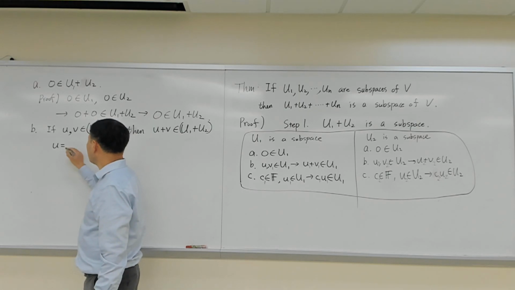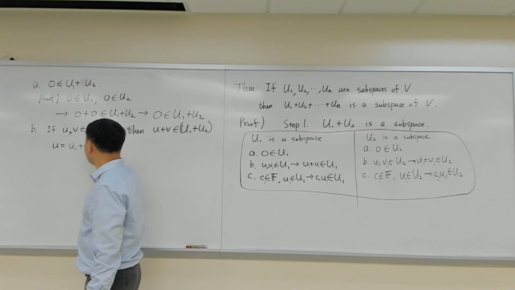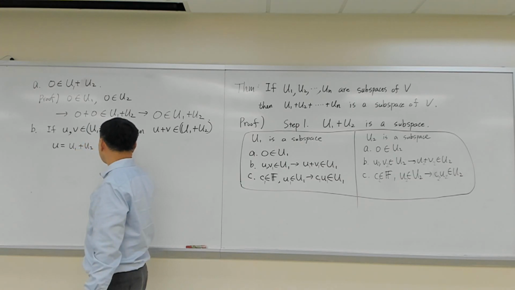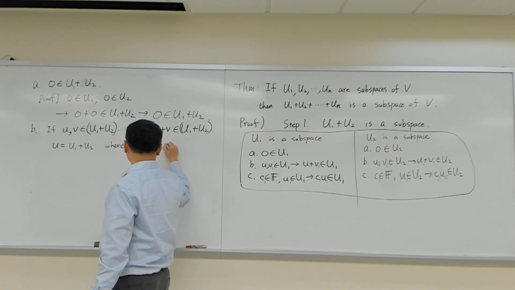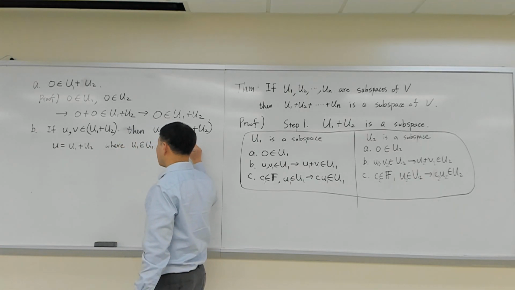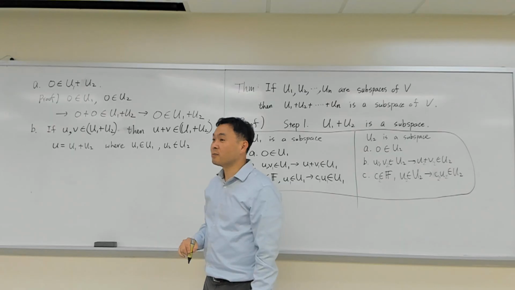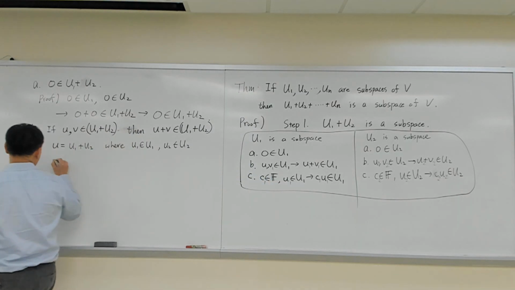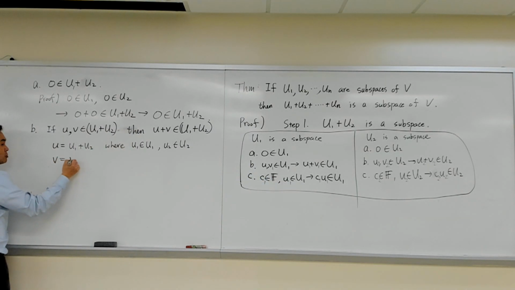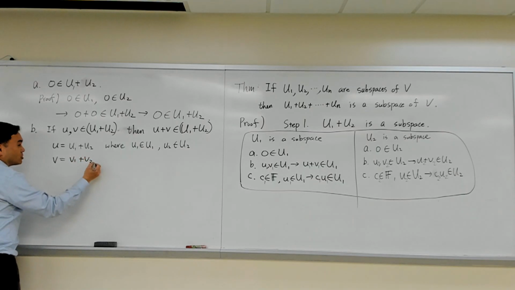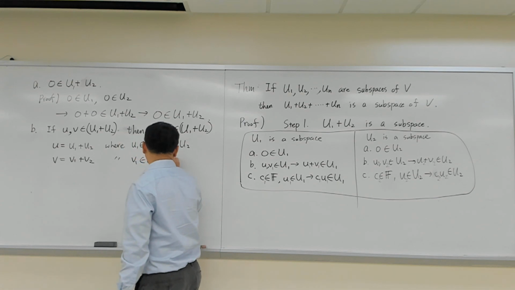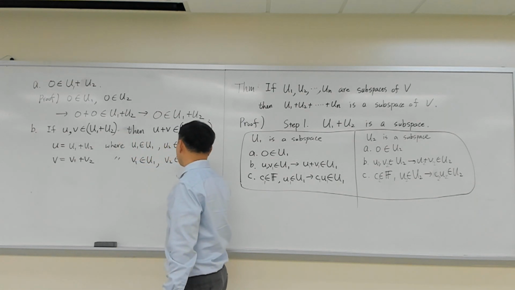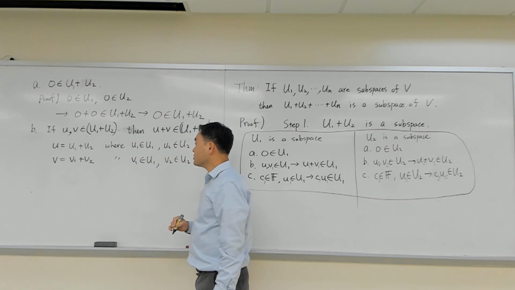So U is U1 plus U2, where U1 is in U1 and U2 is in U2. Okay? Now about V. Same thing. It must be V1 plus V2, where V1 is in U1 and V2 must be in U2. Okay?